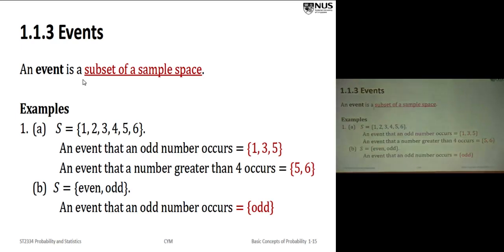Returning to our notes, let's have a look at some examples. An example of an event. Example one, rolling a die. I get number 1, 2, 3, 4, 5, 6. So we could think about different things. I could think about the event that I get an odd number. An odd number would be 1, 3, or 5, and that would be an event.